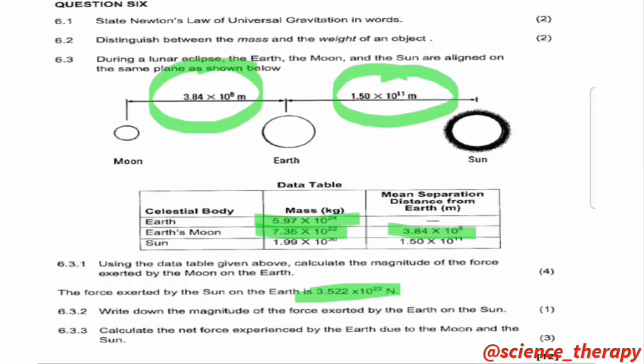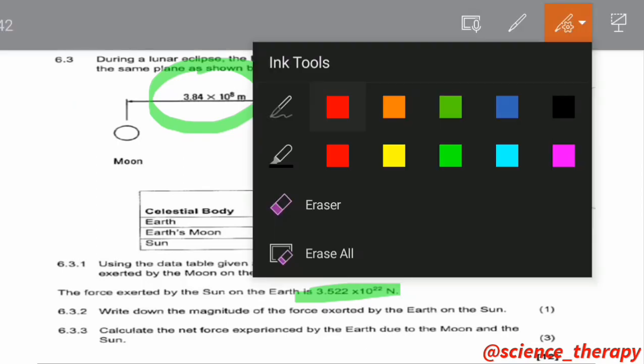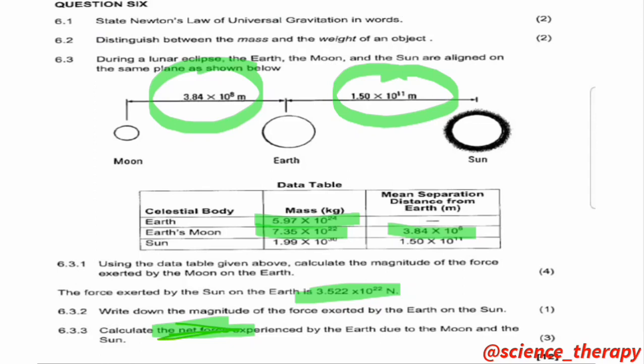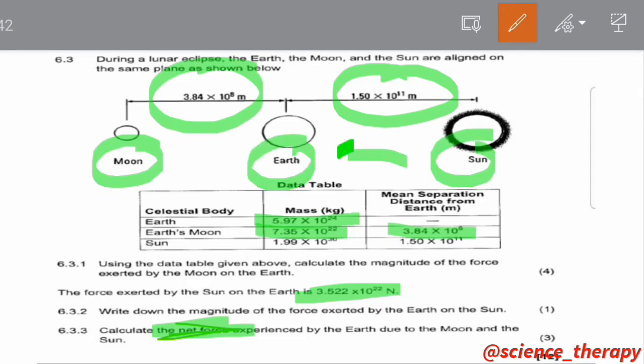It says, calculate the net force experienced by the Earth due to the moon and the sun. The net force. So now you can see that we do have the force that the moon exerts on the Earth, and we do have the force that the sun exerts on the Earth.